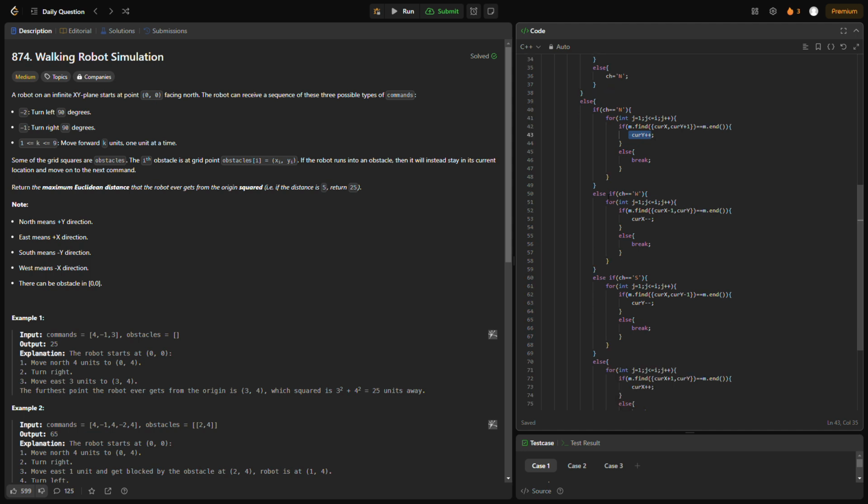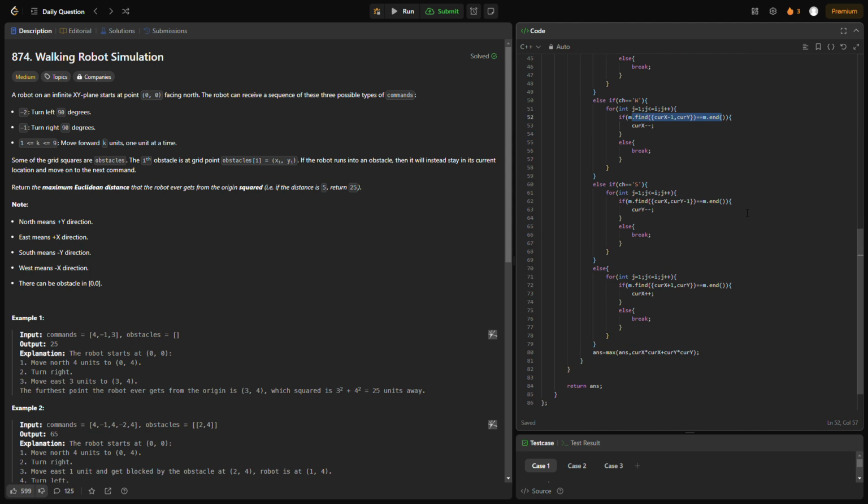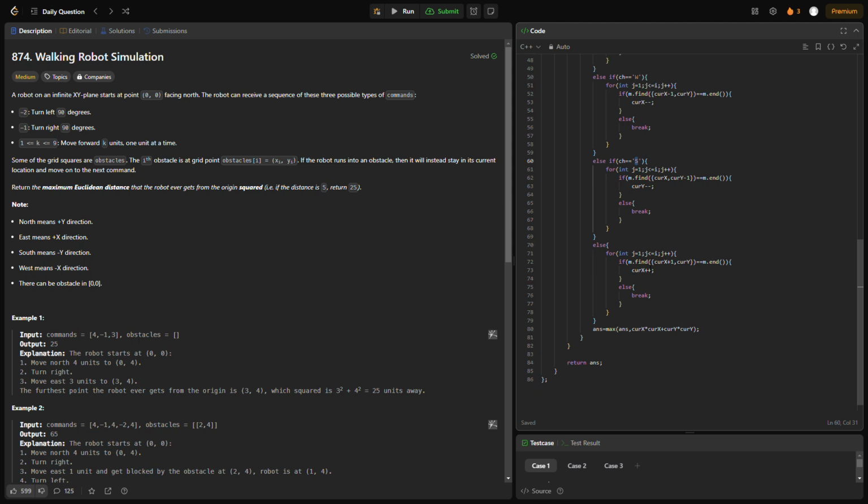Similarly, I did it for west. If we are in the west direction, we will be decrementing the current x axis, and similarly I checked whether the value lies in the obstacle map or not. Similarly for the south direction, the current y axis will be decrementing. And if we are in the east, that is the else condition, the fourth one, then the current x position will be incrementing.